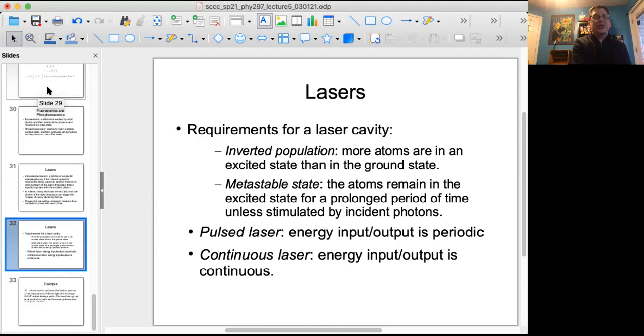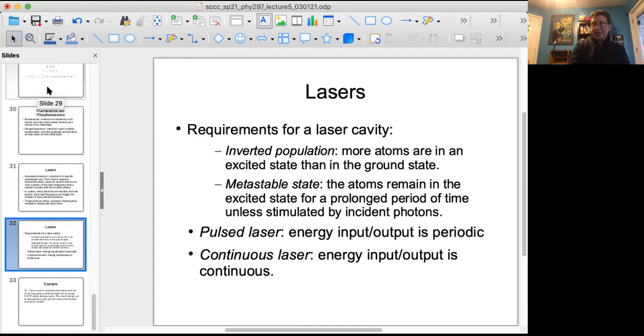This goes back to what we were talking about with phosphorescence: you excite them, but they don't re-emit the radiation right back. So it has to be a metastable state, and the atoms will remain in that excited state unless they're stimulated by incident photons.